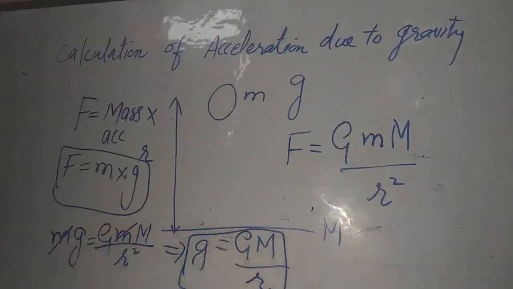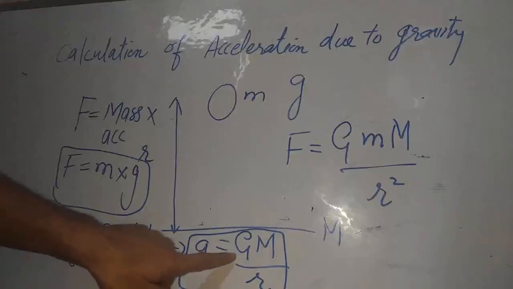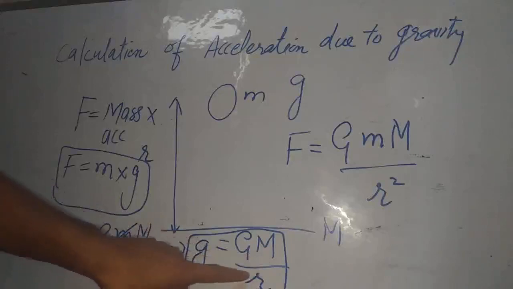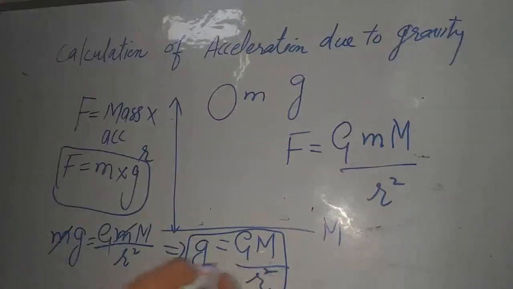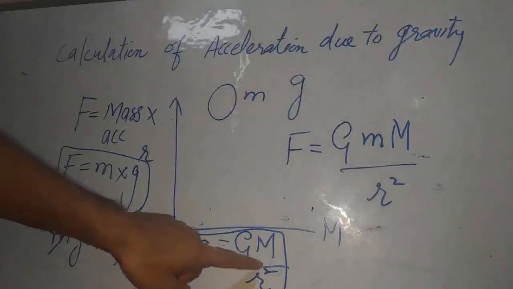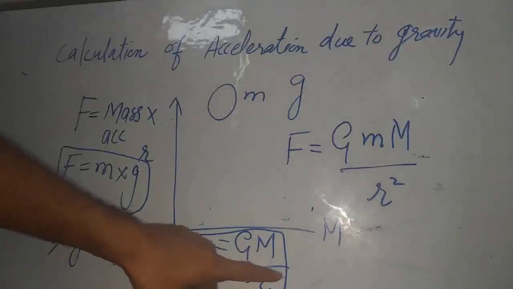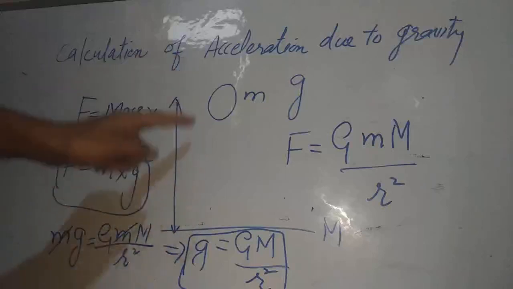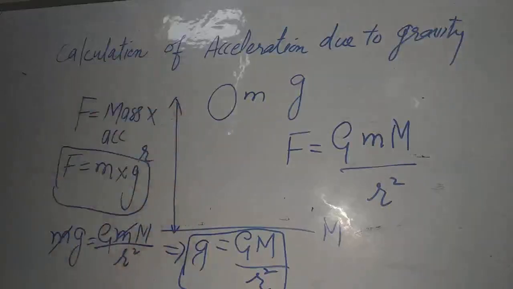So this is the value of g, where G is the gravitational constant, and M is the mass of the Earth, and r is the distance of the body from the center of the Earth.